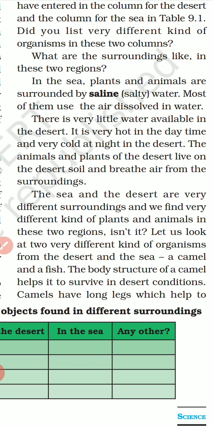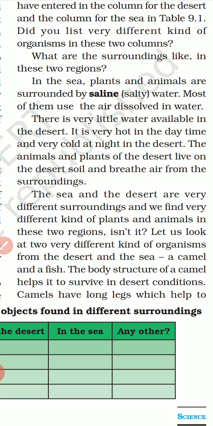The animals and plants of the desert live on the desert soil and breathe air from the surroundings. The sea and the desert are very different surroundings, and we find very different kinds of plants and animals in these two regions, isn't it?